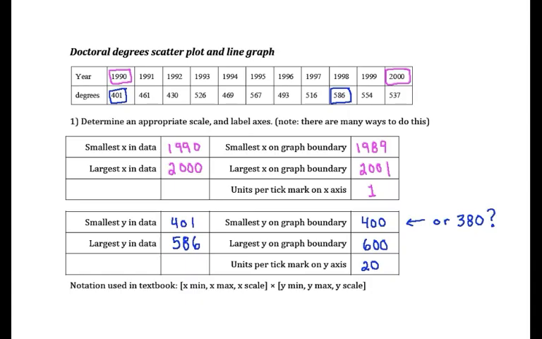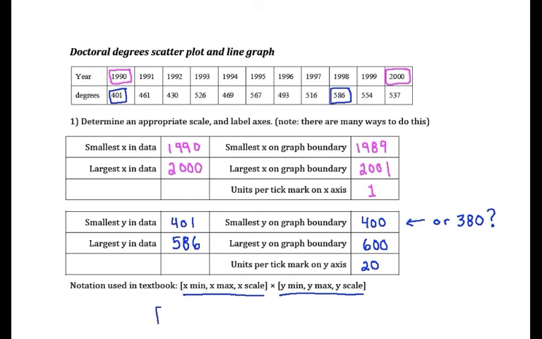If we return just for a moment to where we planned out our scale, I want to call attention to the notation that's used in the textbook. This is graphing calculator friendly notation, but as we see from the example we just did, we can still understand and interpret this if we're not using a graphing calculator.